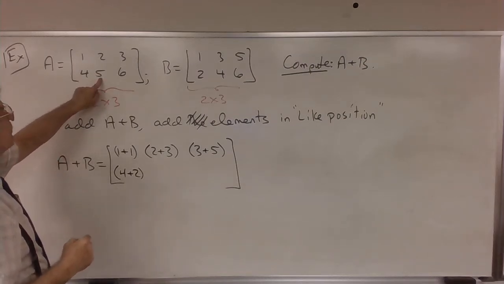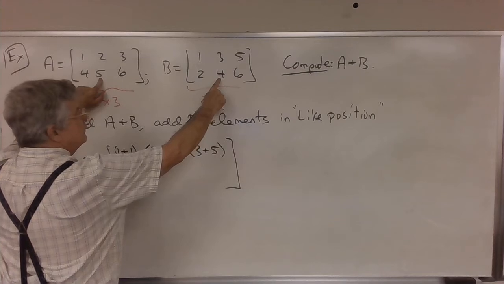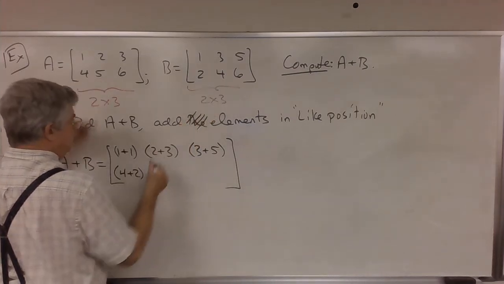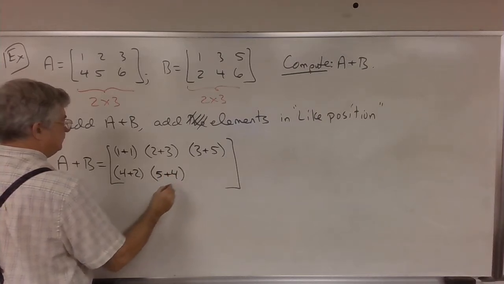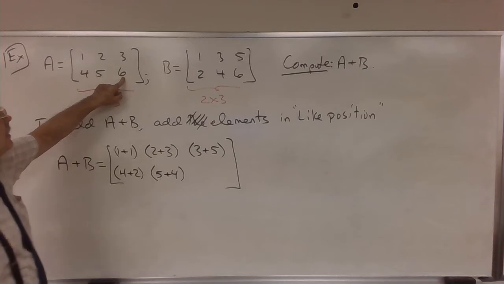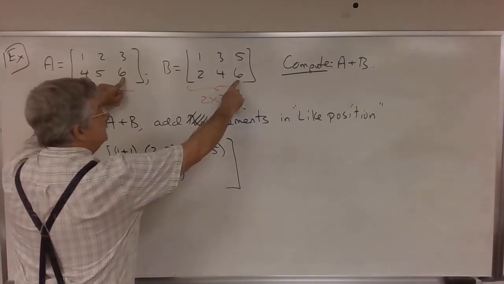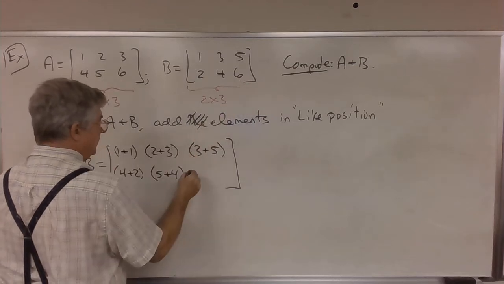5 is in the second row, second column. So we take the element in B that's in the second row and second column. And then finally, 6 is in the second row and third column. And we take the element from B that's in the second row and third column, which is also 6.